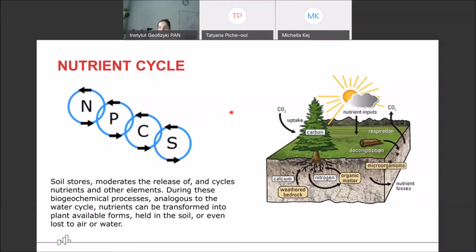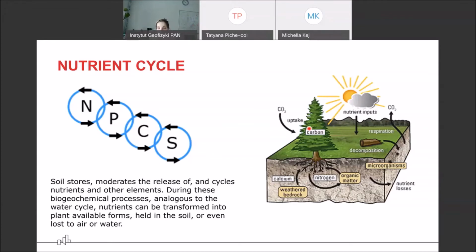So nutrients circulate in the system. They can be held in the soil, lost to air, lost to water. Well, they're not really lost, because it's just lost by soil, but they're still in the system.